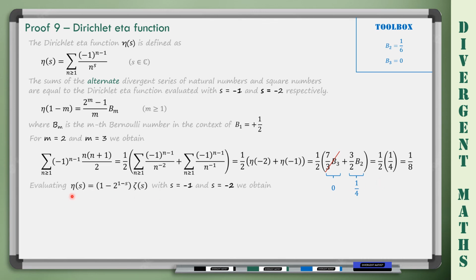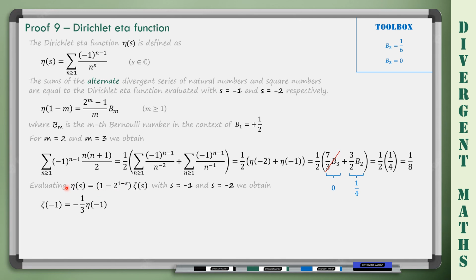Let's write down the expression that links the Dirichlet eta function with the Riemann zeta function, eta of s and zeta of s. Here it is. And let's evaluate that one for s equal -1 and s equal -2, the same values that we have evaluated previously. So zeta at -1 is equal to, let's plug it here, 2 to the 1 minus minus 1, so 2 square. 1 minus 2 square, 1 minus 4 is equal to -3.